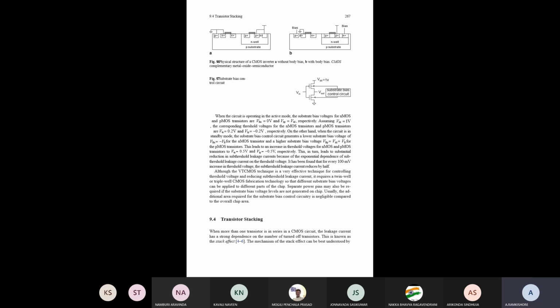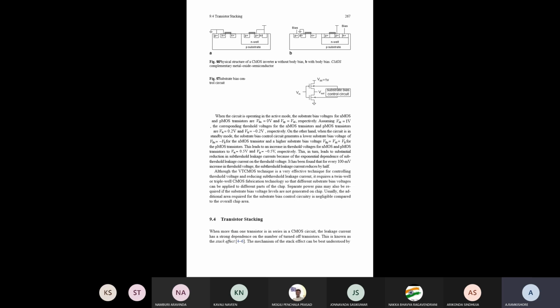When the circuit is operating in active mode, the substrate bias voltages for the NMOS and PMOS transistors are VBN equal to 0 volts and VBP equal to VDD respectively. If we assume VDD is equal to 1 volt, the corresponding threshold voltages are VTN equal to 0.2 volts and VTP equal to minus 0.2 volts.